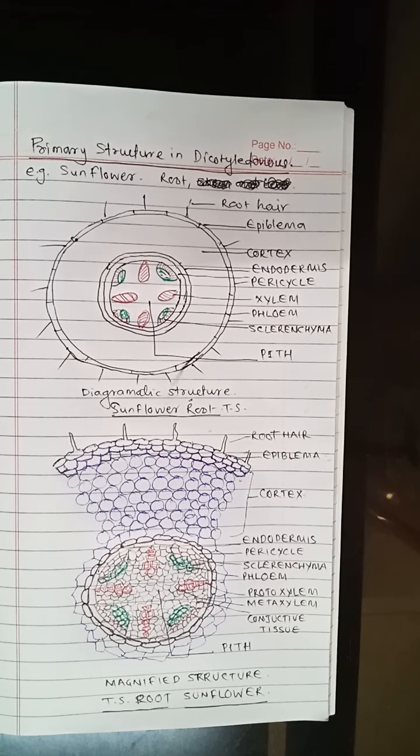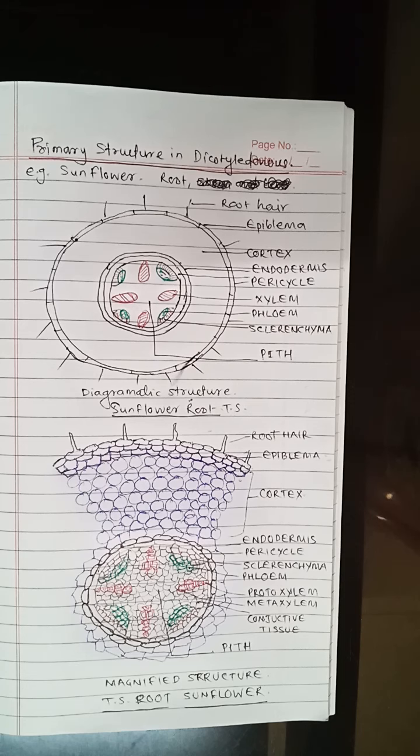The upper diagram is a diagrammatic representation of TS of sunflower root, and the below diagram shows the magnified structure or cellular details of the root of sunflower in transverse section. In transverse section the root of sunflower shows the following layers.